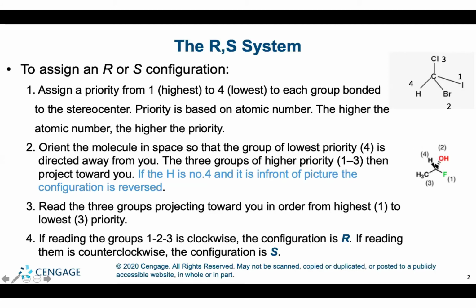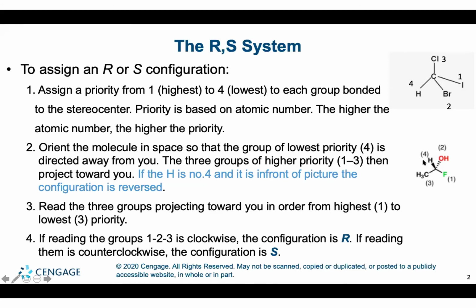So we're gonna find the configuration. What do you think is the configuration in the second compound that I'm arrowing to? It's counterclockwise, because see 1, 2, and 3, right? It's counterclockwise, so it's gonna be S configuration.